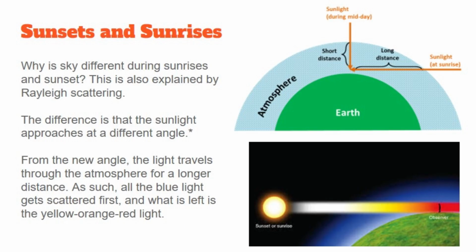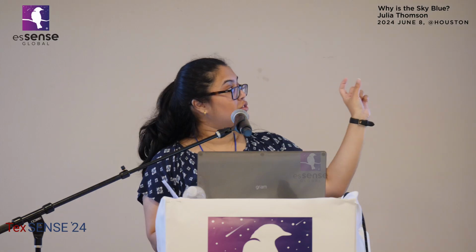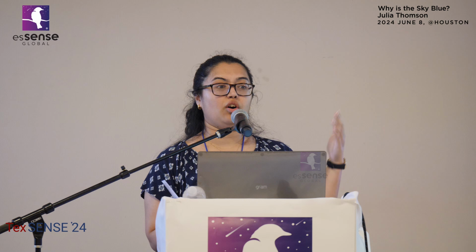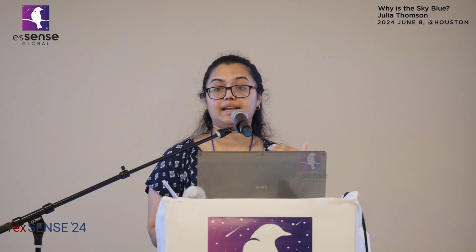What happens at this new angle, if you look at the first image at the top, is that when the sunlight comes from the side of the observer as opposed to above the observer, the light travels through the atmosphere for a longer period of time. And when that happens, as I said earlier, the first colors to scatter are blue light. So in the beginning of the travel through the atmosphere, all the blue and violet lights get scattered.